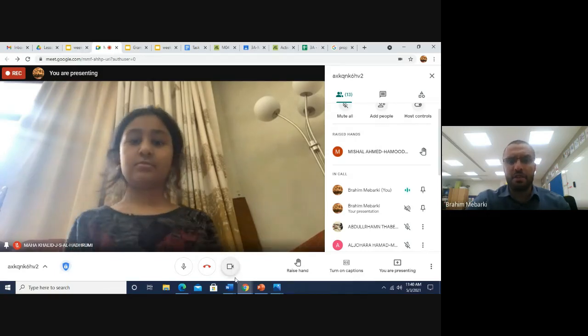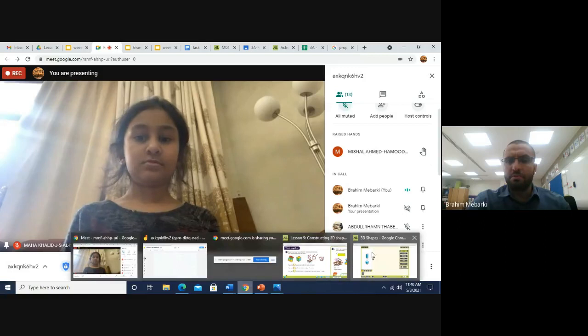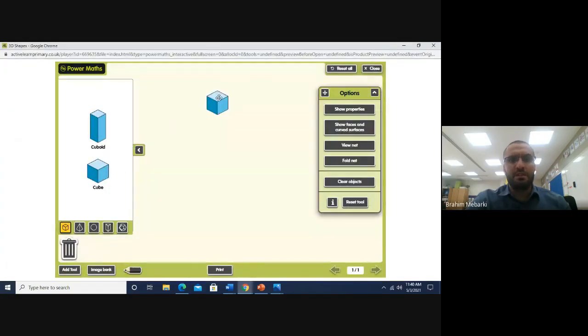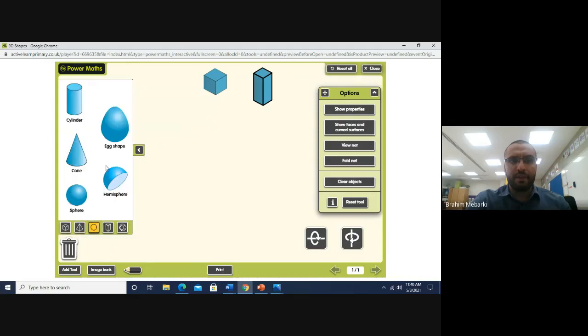Okay, let's revise some of the names of the 3D shapes. So this is a cube. This is a cuboid. This is a sphere. What about this one? What's the name of this shape?